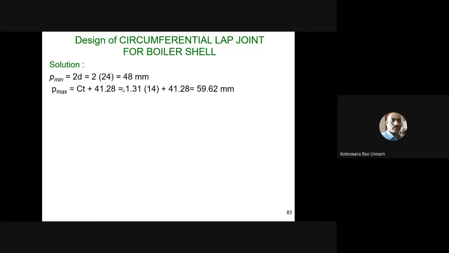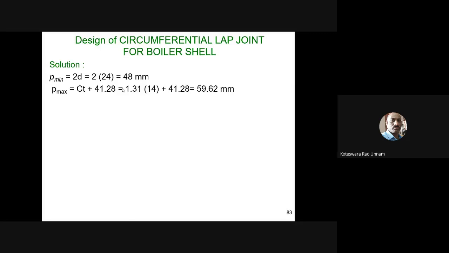How did I get it? Just open your data book, chapter number 9, and we'll see why I have taken the factor C as 1.31.